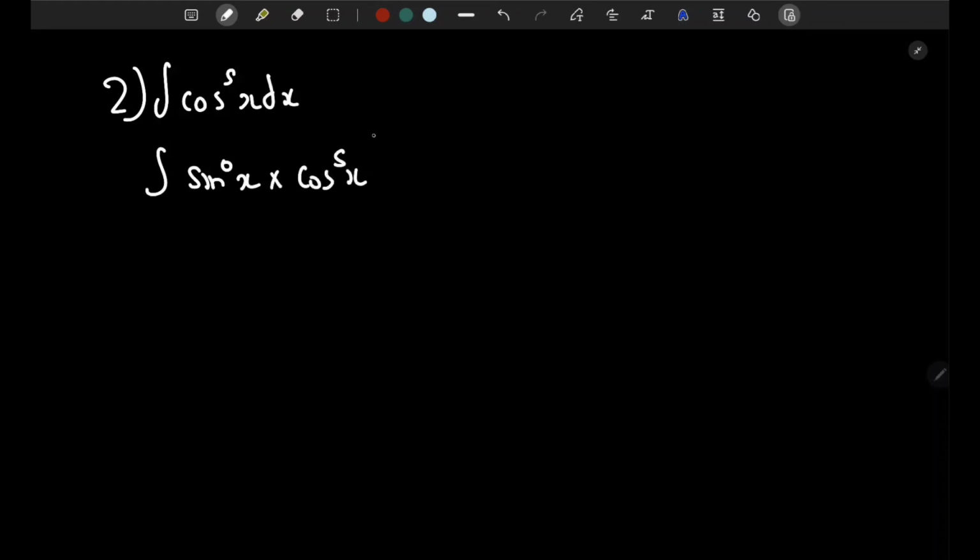So let's move on to our next question, which is integration of cosine to the power of 5 x dx. So what do you think, which case should this be? So first of all, we can notice that we don't even have a sine here in this question. So what this basically means is that we have sine to the power of 0 x multiplied by cosine to the power of 5 x dx.